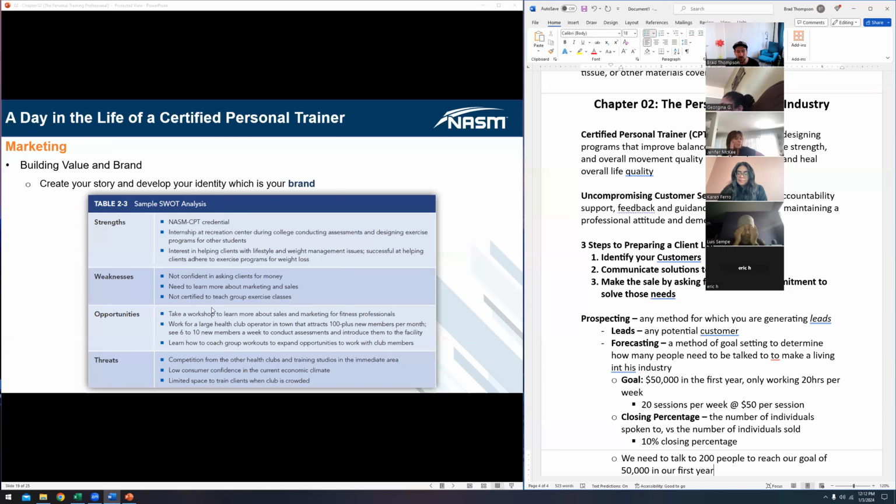So figure out your strengths, figure out your weaknesses, figure out your opportunities, like where can you attack a market compared to somebody else, and figure out what your threats are. One of the threats to me in my at-home training is that individuals oftentimes get a little bit more flexible about canceling, which is a bummer. And I do not have the sharp edges to often charge people when they cancel on me.